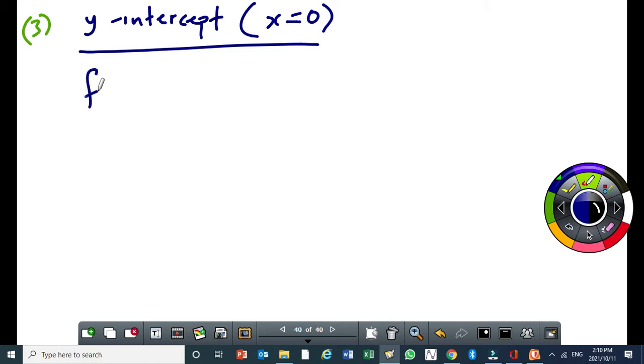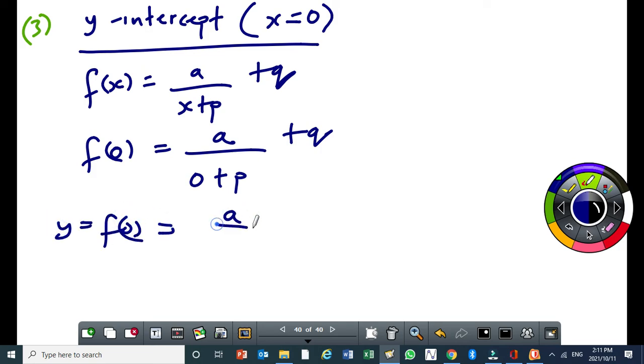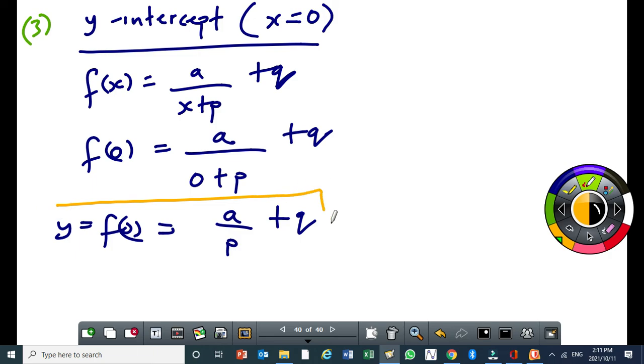So if your equation is f of x equals a over x plus p, plus q, and you're asked to determine the y-intercept, all you have to do is put 0 where there is x. So you get 0 plus p, plus q. So your final answer, f of 0 will be equal to a over p, plus q. Okay? So this will be your y-intercept.